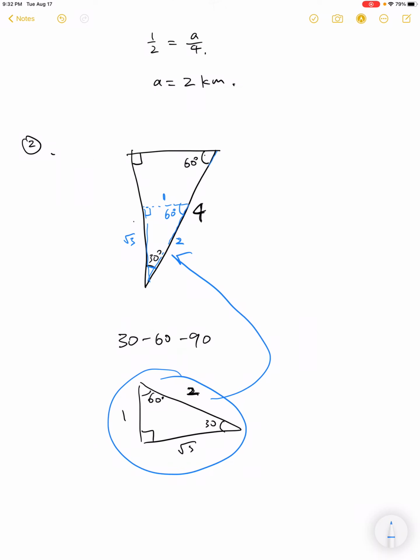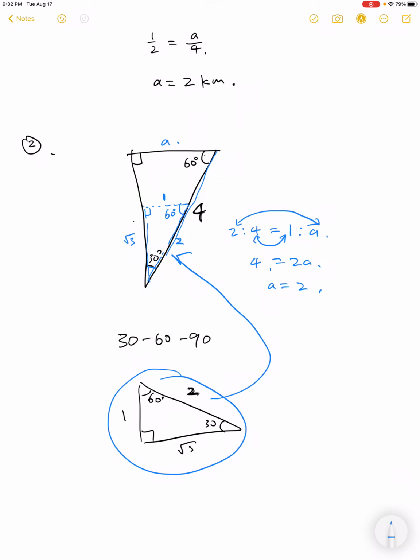So let's compare the longer side, 2 to 4, which is the ratio of our similar triangles. And we are looking for A, so we can say this is 1 to A. When we do ratios, the inner parts multiplied together equal the outer parts multiplied together, giving us 4 equals 2A. So A equals 2 again.